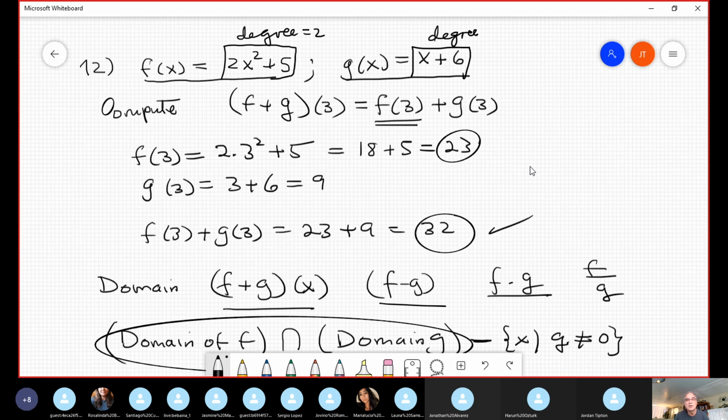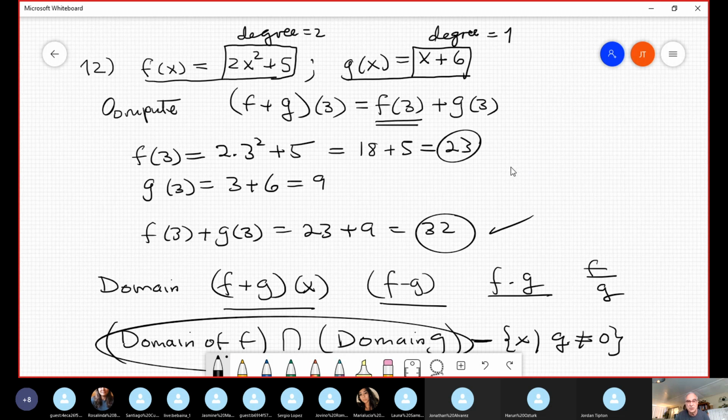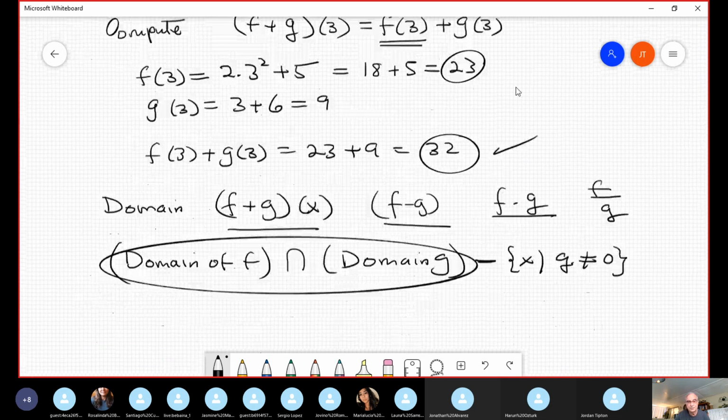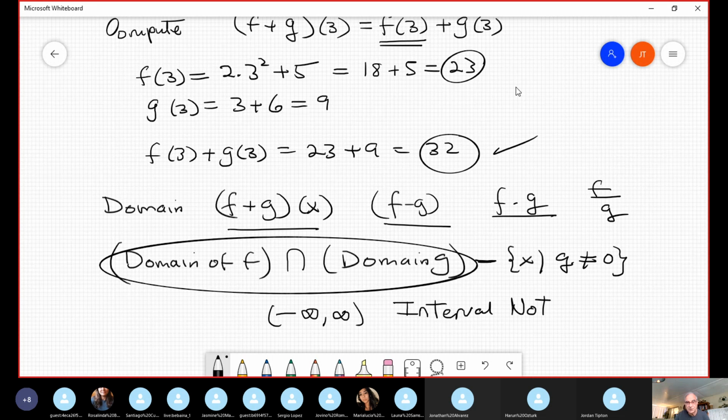Super nice functions. Domain is all real numbers. Therefore, the domain of the combination is all real numbers. Of course. And please, in the test, everyone use interval notation to express any set. So domain, range, you express in interval notation.